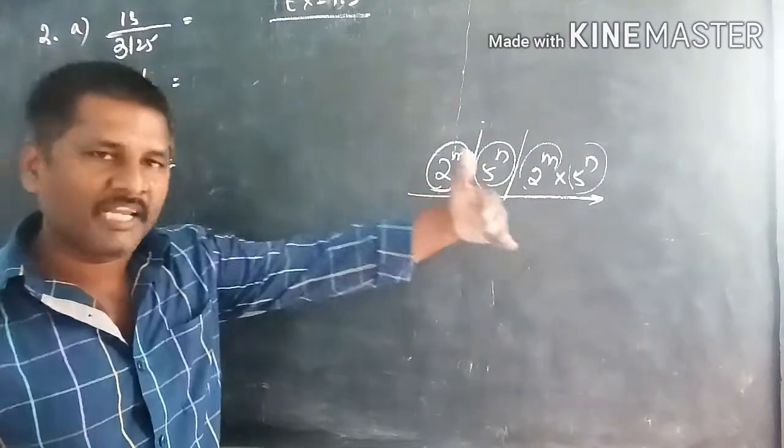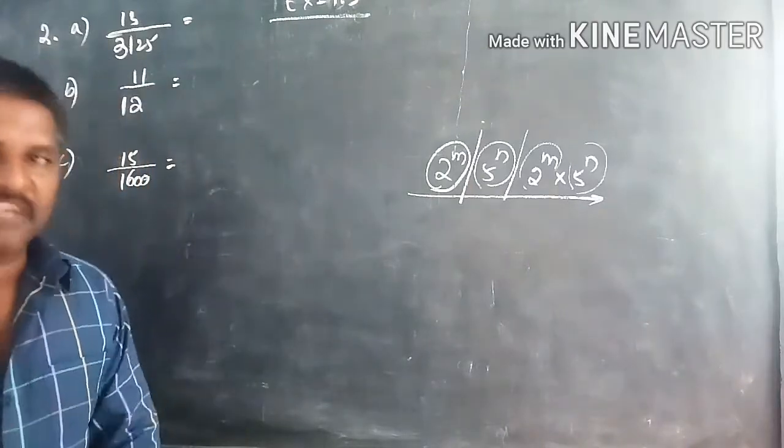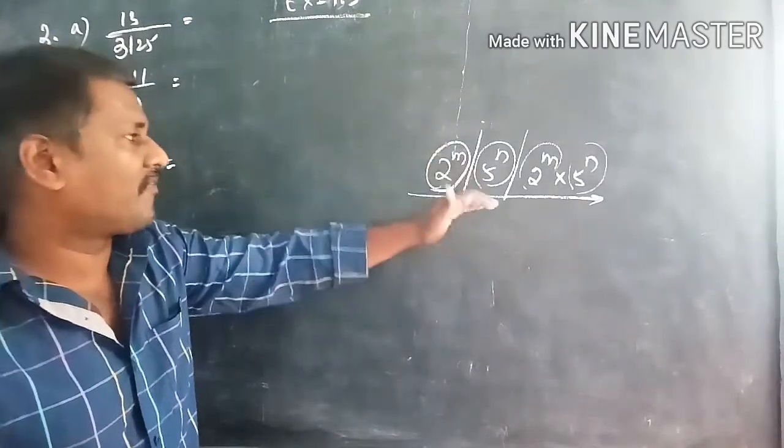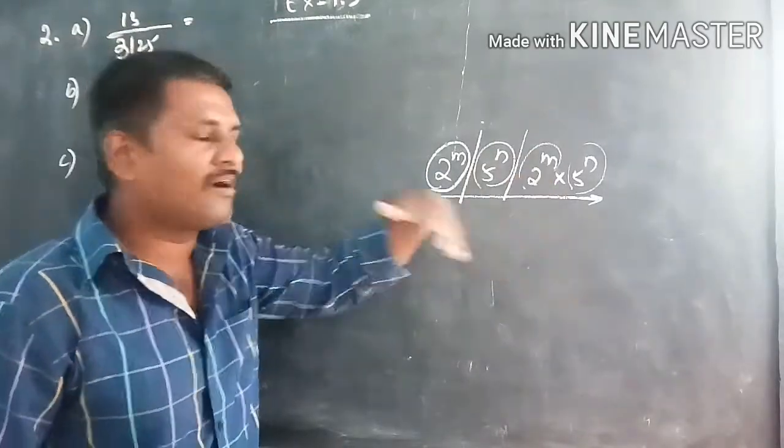If the denominator of the given rational number is in the form of 2 power m, 5 power n, or 2 power m into 5 power n, then the decimal is terminating.